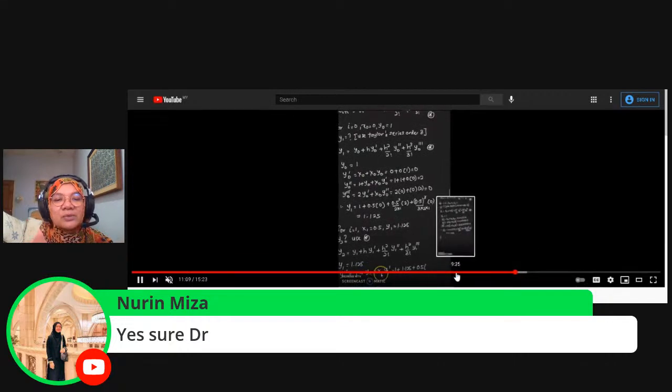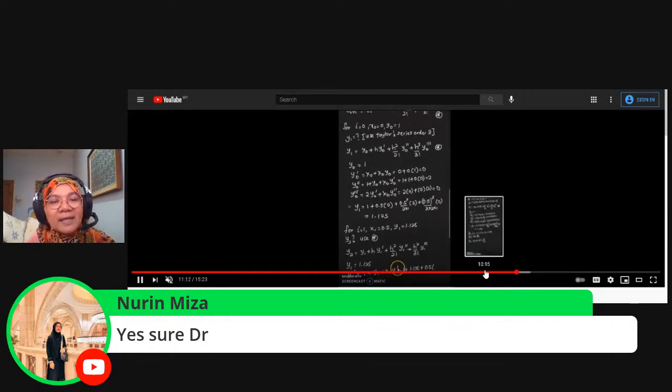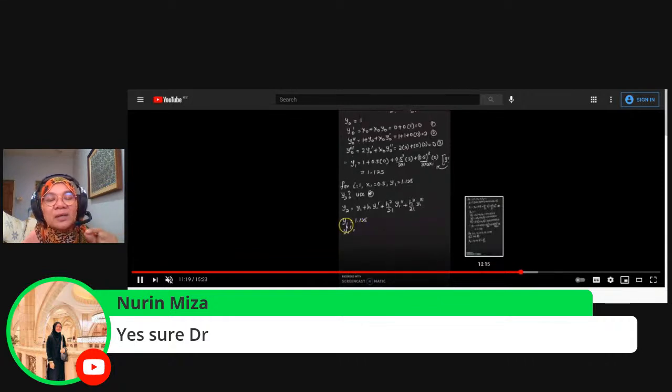So y2 is equal to y1, depending on the grid, y1 plus h y1 prime plus h squared divided by 2 factorial y1 prime prime plus h cubed divided by 3 factorial y1 prime prime prime. You repeat again, which means you need to find y1 prime, y1 prime prime, y1 prime prime prime, meaning the first order, second order, and third order of y1.